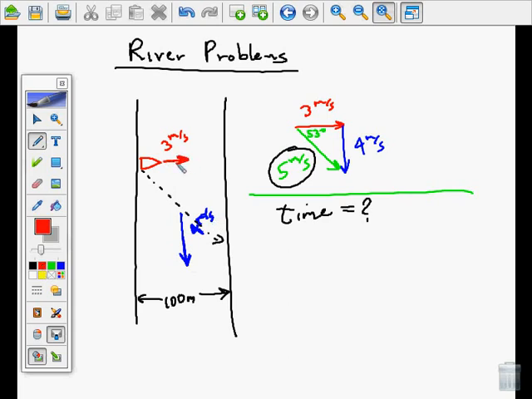So if you want to know the time across, just use v bar equals x over t. And for the velocity, use the velocity straight across.